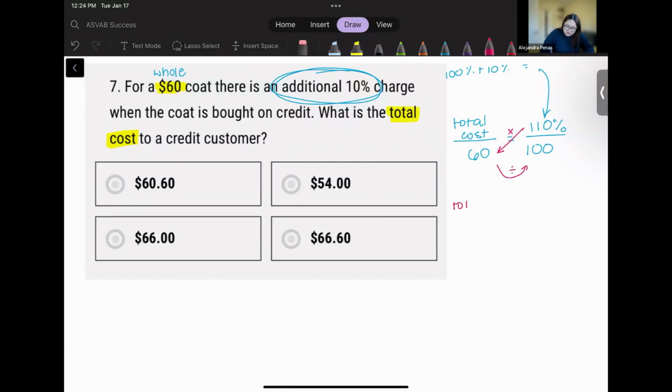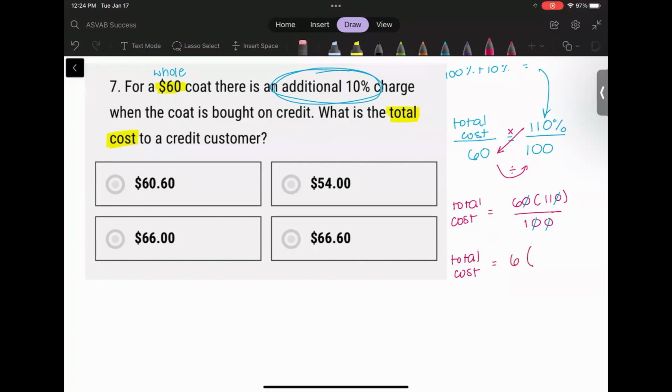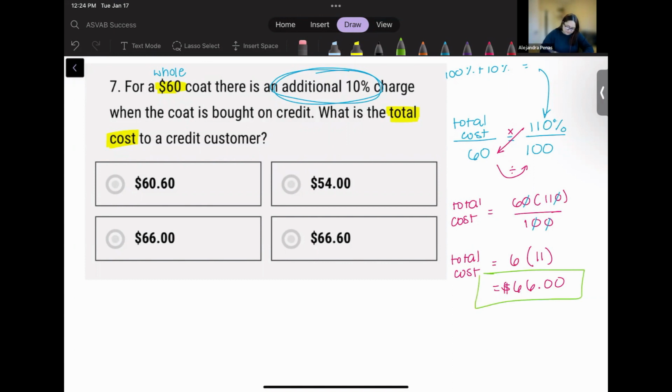So the total cost will equal 60 times 110, everything divided by 100. 0 goes away with 0, 0 goes away with 0. So the total cost will equal 6 times 11, which is going to equal $66. And I put the decimal with the 2 zeros simply because we're talking money, but even if you left it as just 66, you're perfectly fine. There's no problem with that.